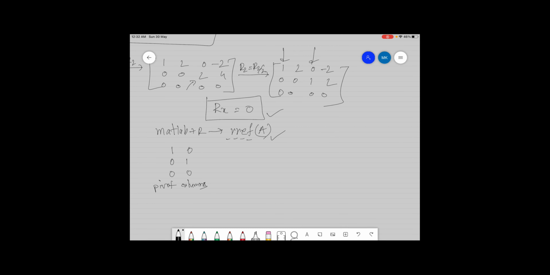And here are the free columns, 2 0 0 and minus 2 2 0.